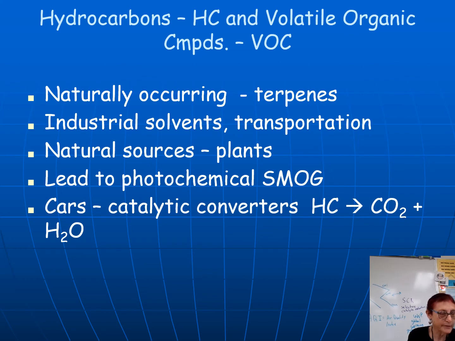A group of compounds which are not part of your criteria pollutants but still do cause issues are your hydrocarbons and your volatile organics. As we said earlier today, those compounds can be naturally occurring, like terpenes that you get from plants, particularly conifers, ethylene that is sometimes released from plants as they undergo ripening, industrial solvents, benzenes, a lot of those types of solvents in transportation.